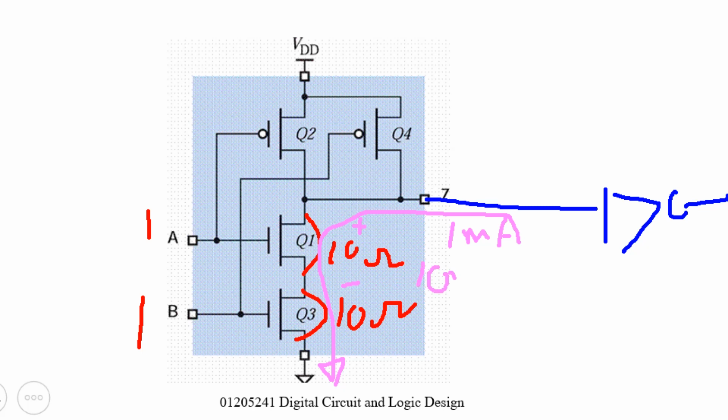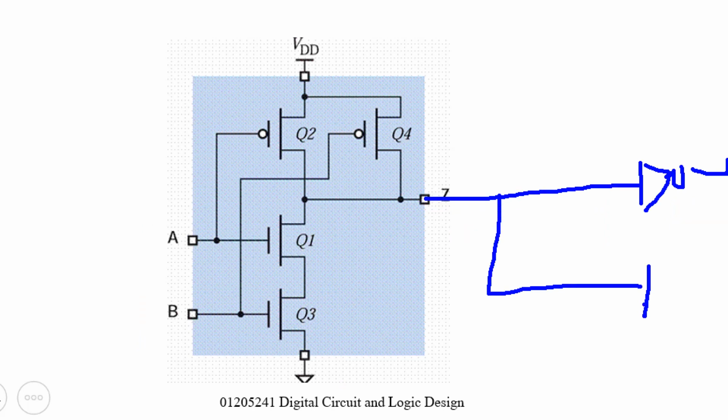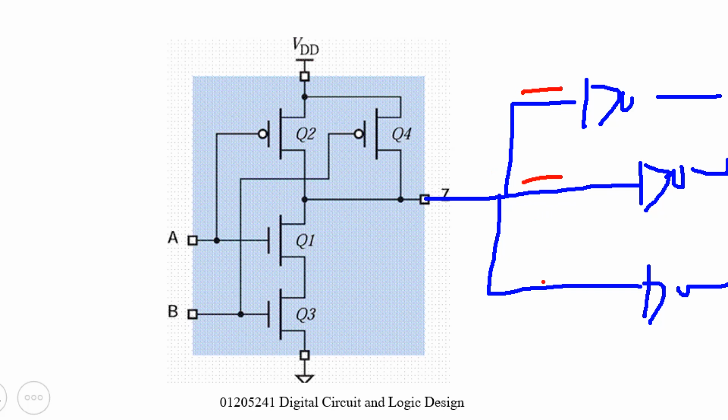So what happens if many logic gates connect to this output? For example, if there are 3 logic gates and each logic gate takes a current of around 1 milliamp.